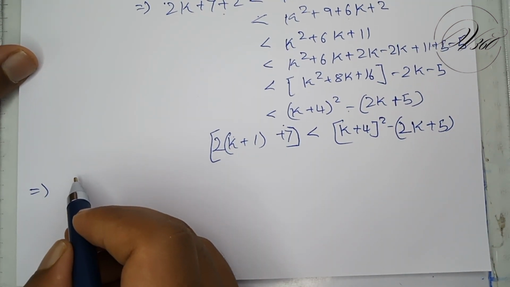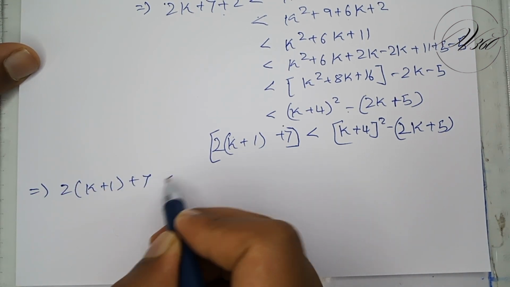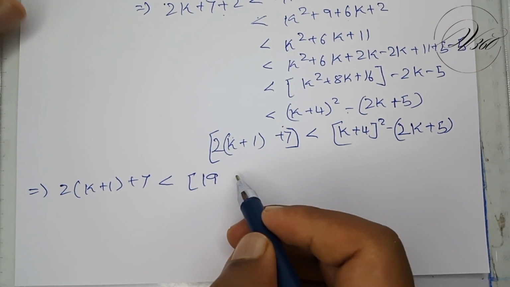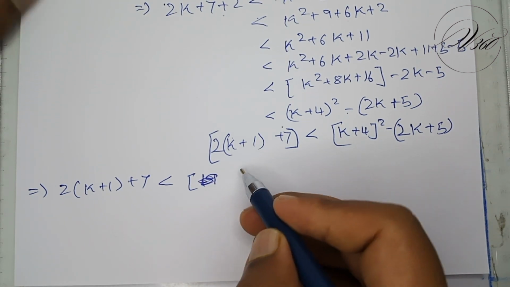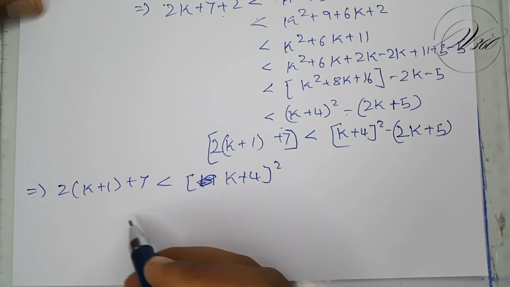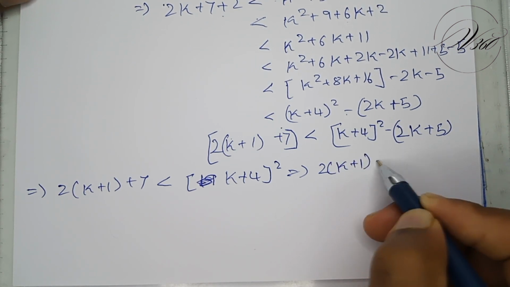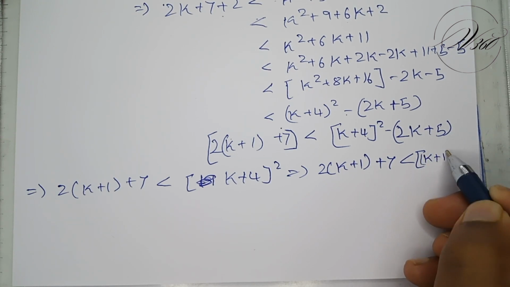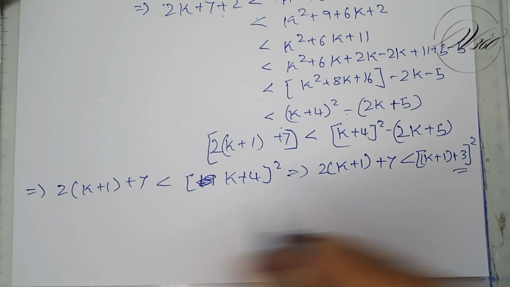Now 2(k plus 1) plus 7, which is smaller than, what am I writing? Nonsense. Wait, this is (k plus 4) whole square, okay. Now, which implies 2(k plus 1) plus 7, which is smaller than (k plus 1 plus 3) whole square. Okay, now this is the answer.